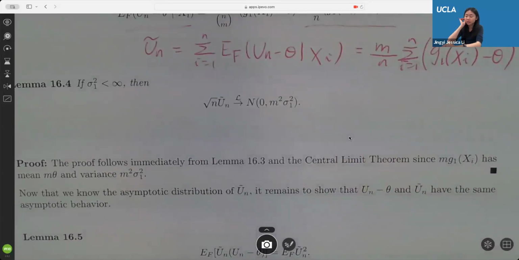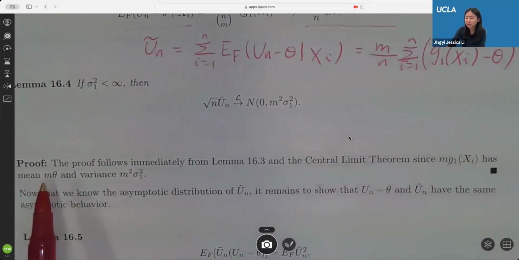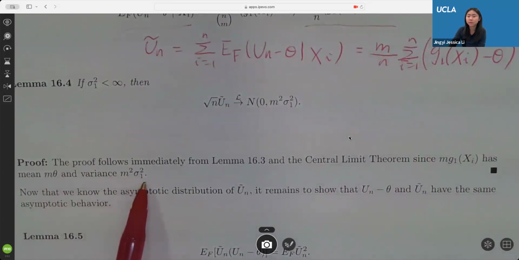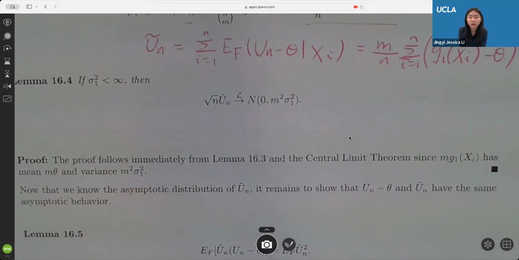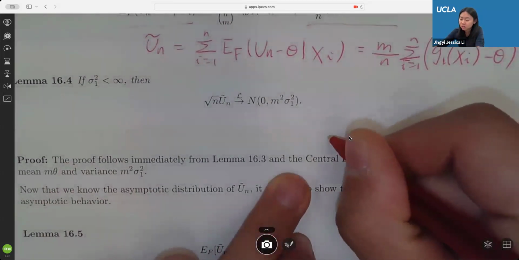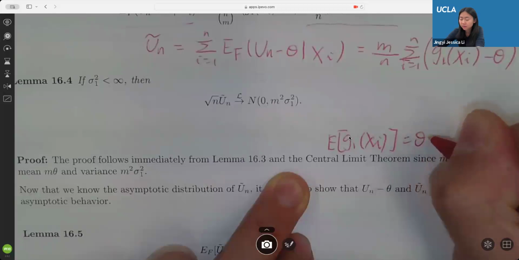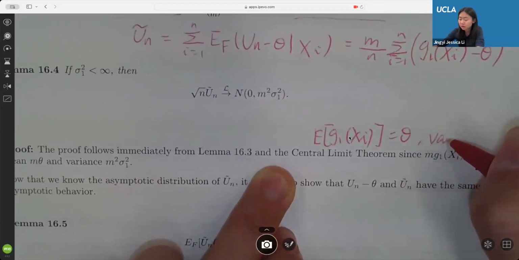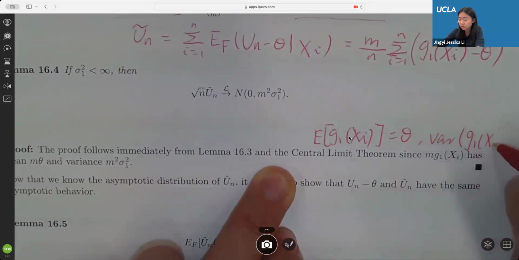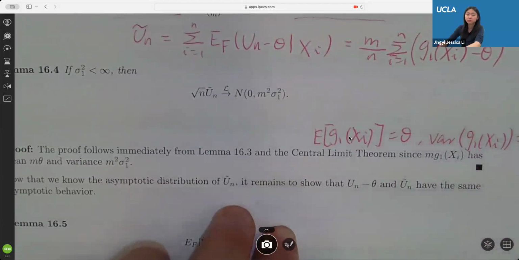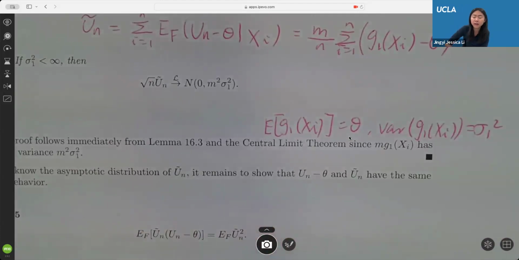So essentially, this is saying that you need to get the variance of m times G1 xi, and that has mean 0, and variance m squared times sigma 1 squared, because sigma 1 squared is the variance of G1. And the expectation of G1 xi is theta, that's what we previously showed. Variance of G1 xi is sigma 1 squared. That's it. So we're applying that to get this lemma result.